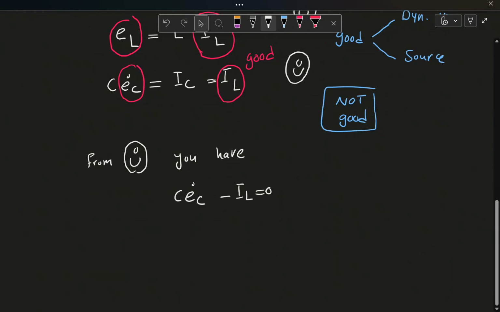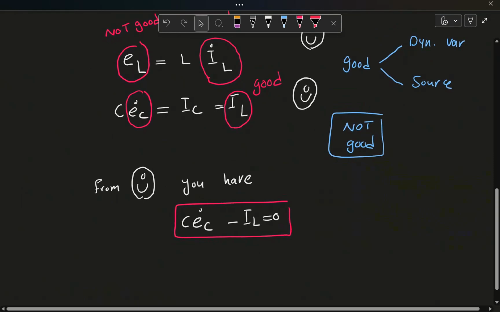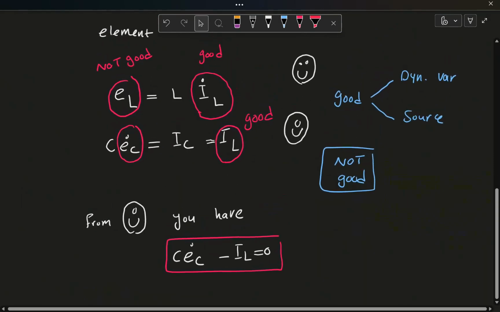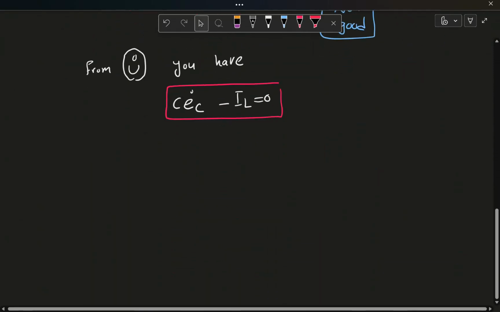There are two families here, C and IL. Each family has only one member. You can safely box this equation. This is one of the equations that you needed to find. The next one is the one that deals with equation Smiley. For that one, we need to rewrite EL in terms of our good terms.